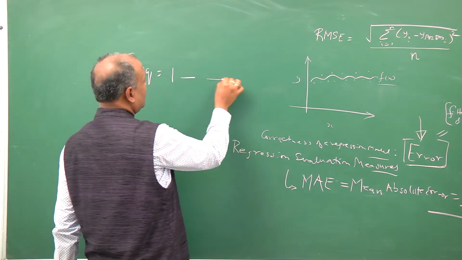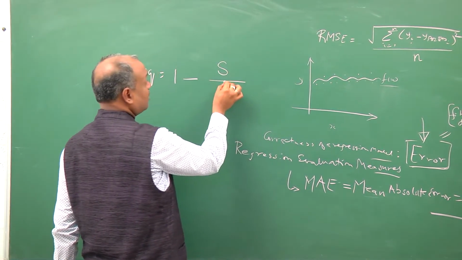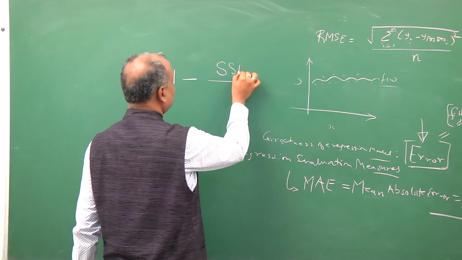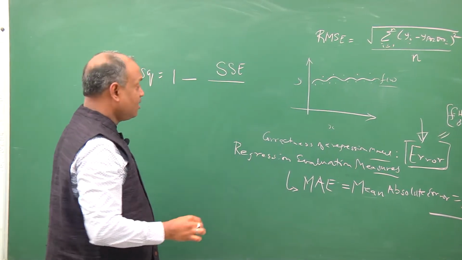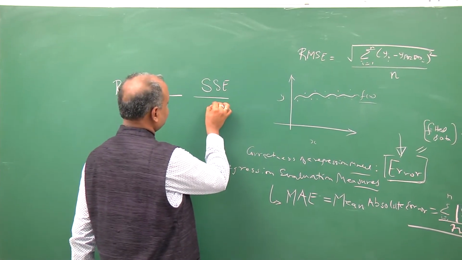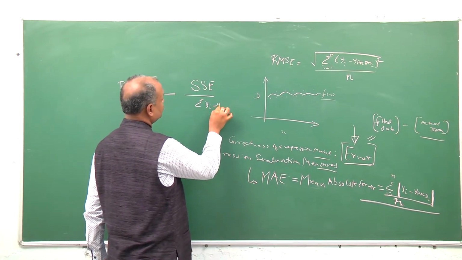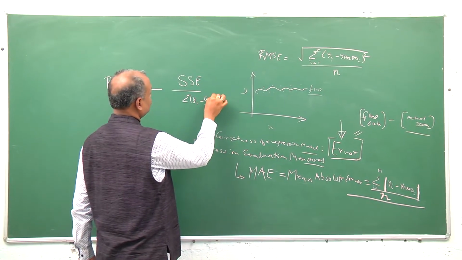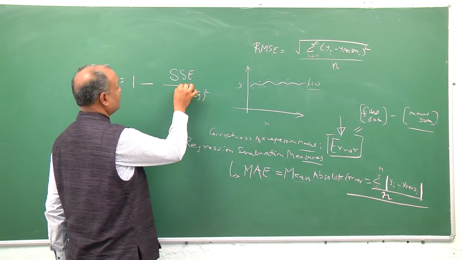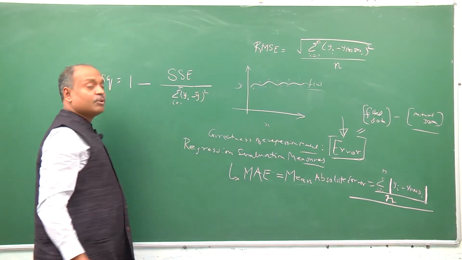R square is basically the sum of squared errors divided by the sum of the squared distance from the mean.